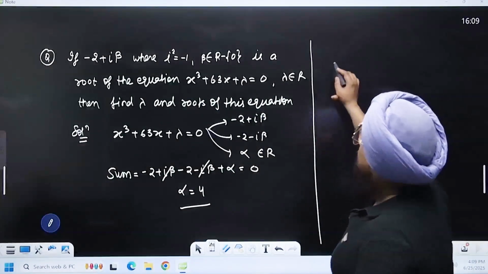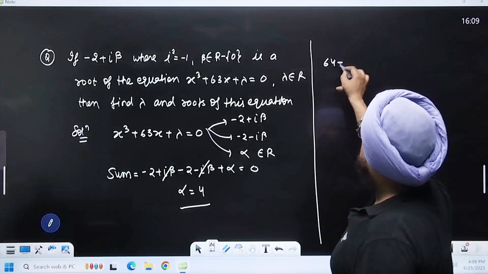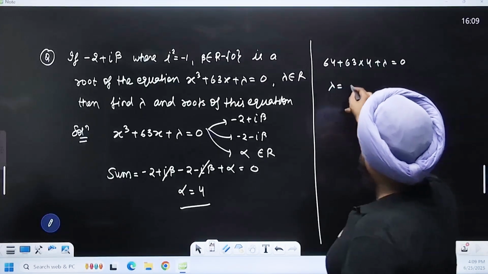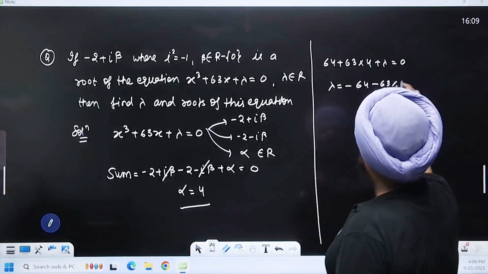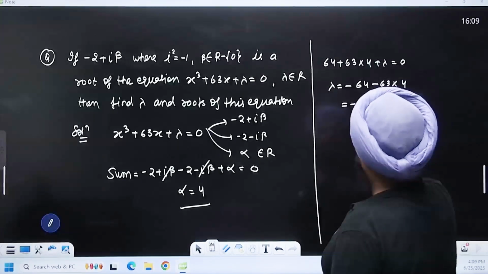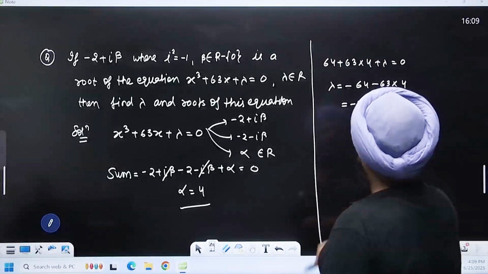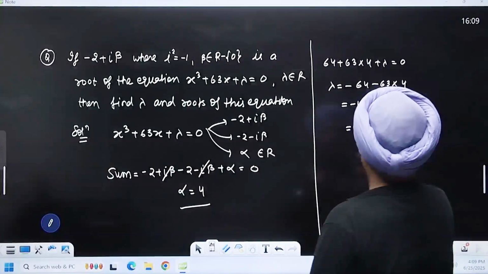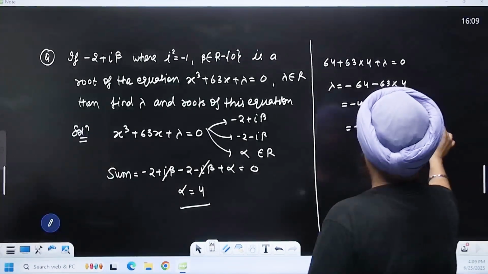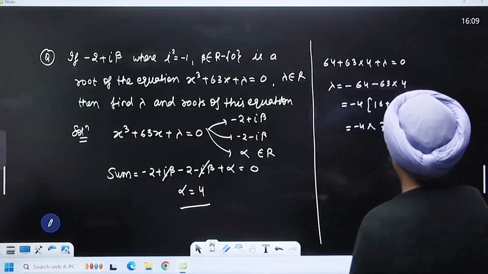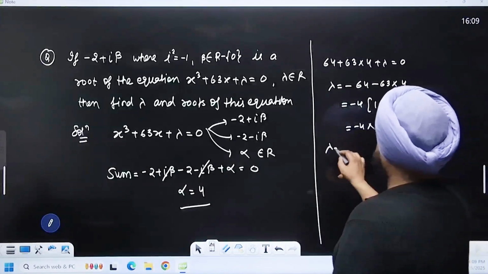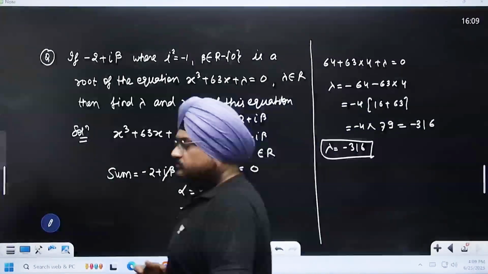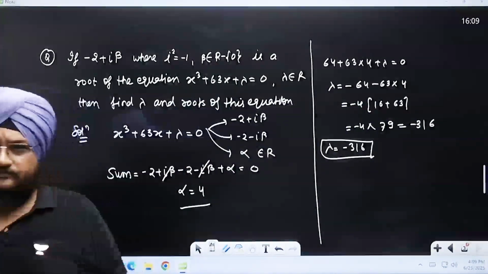Substitute α equal to 4, and the value of λ comes out to be minus 316.